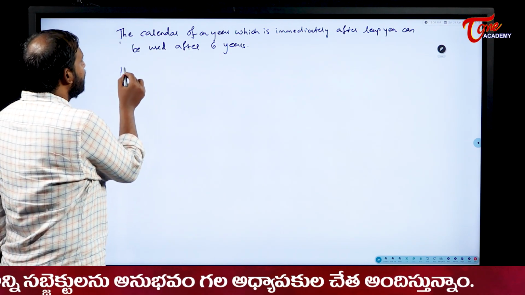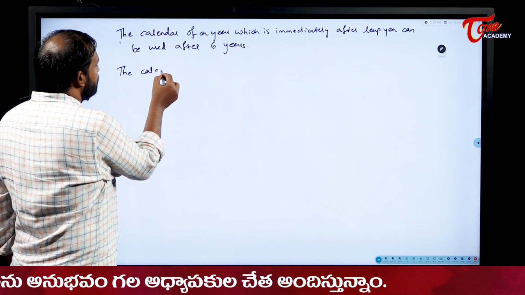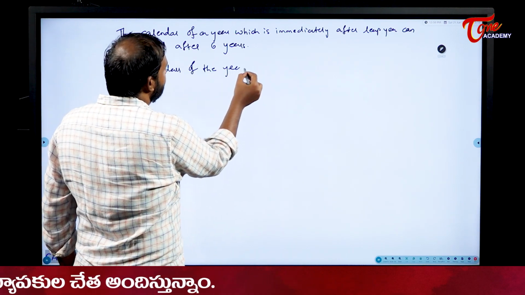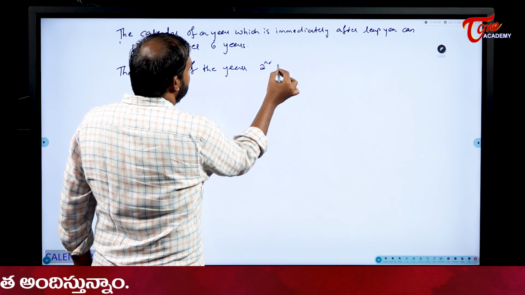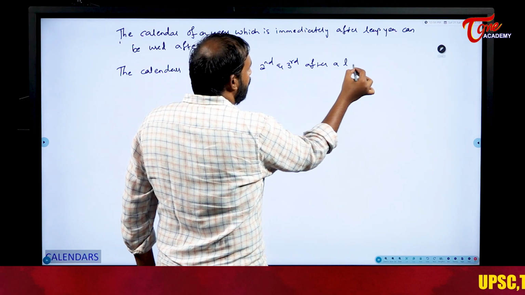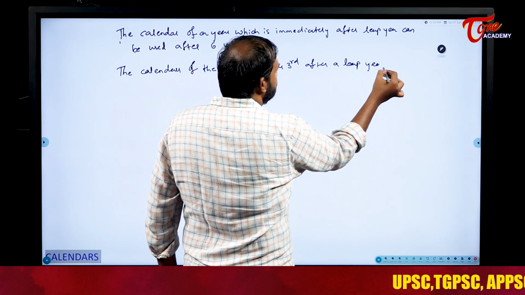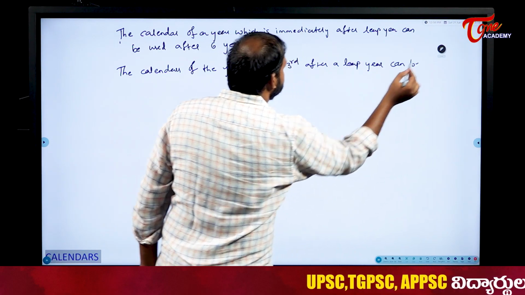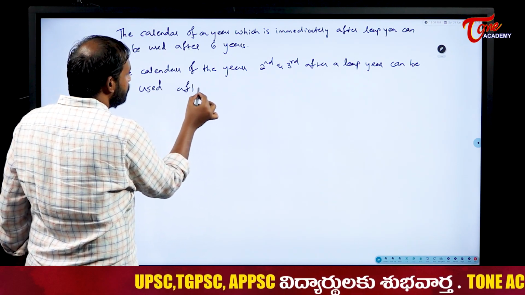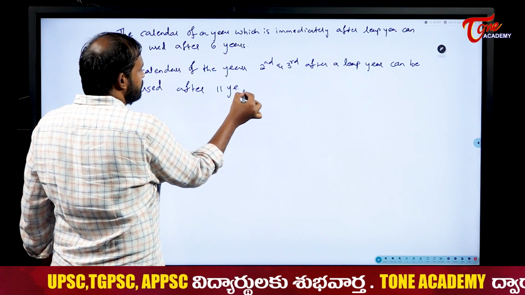So next, the calendars of the years second and third after a leap year can be used after 11 years.